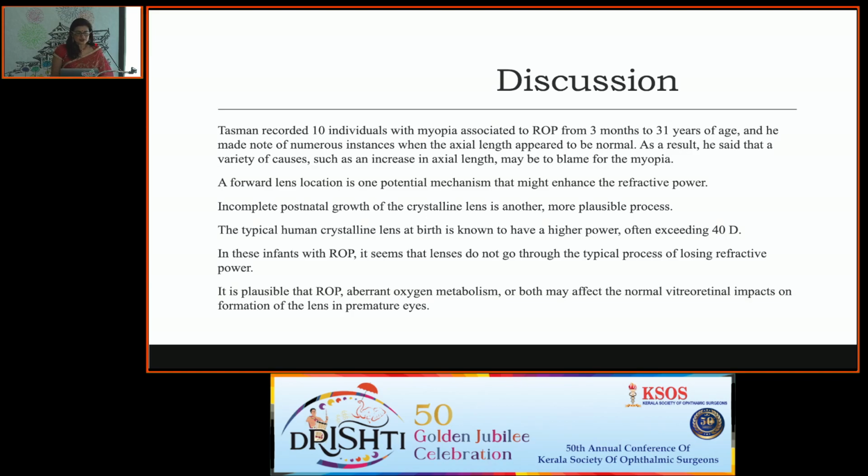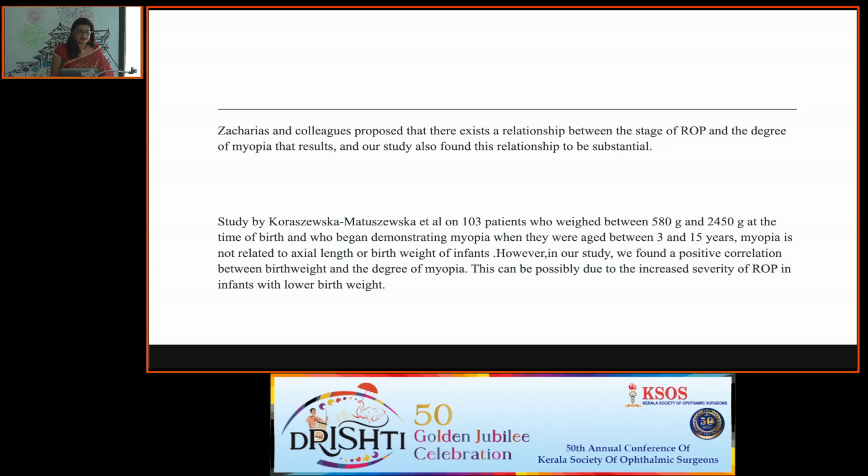In infants with ROP, the lenses do not go through the process of losing this refractive power. It is plausible that ROP, aberrant oxygen metabolism, or both may affect the normal vitreoretinal impacts on the formation of the lens. Some other studies have found a relationship between the stage of the ROP and the degree of myopia. And in our study also, we have found this relationship to be substantial.